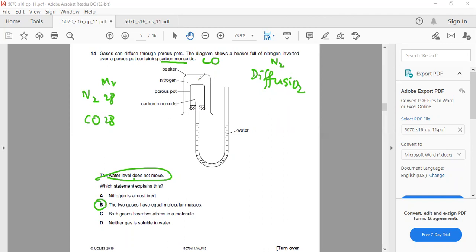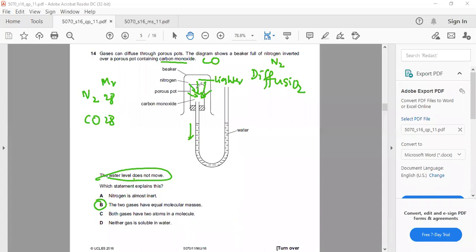Listen, if this gas is lighter, suppose lighter, so it will diffuse faster inside. Inside pressure increases, so this will decrease. And the vice versa, if the gas in the beaker is heavier.